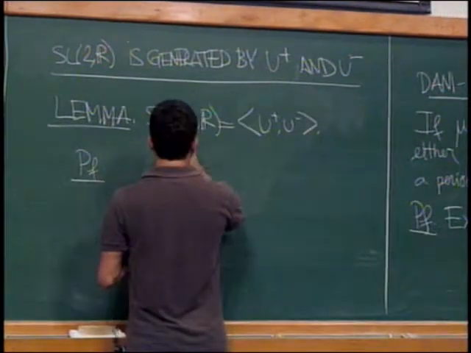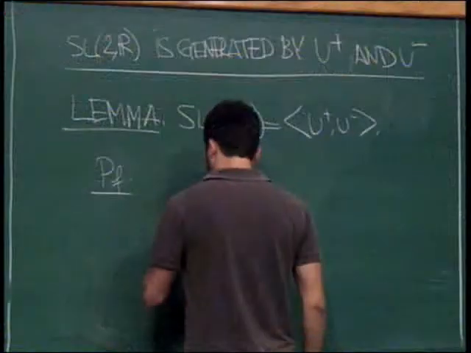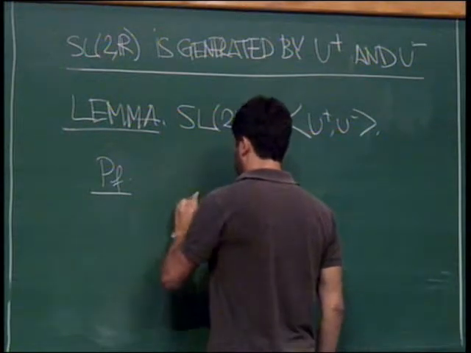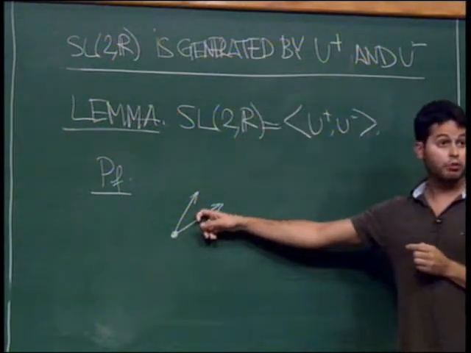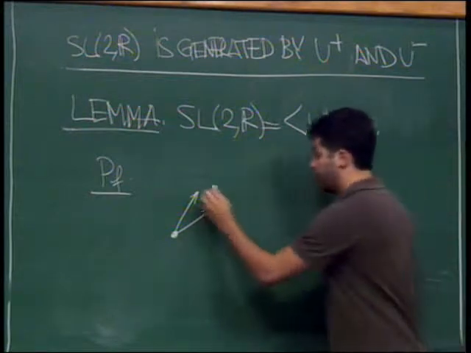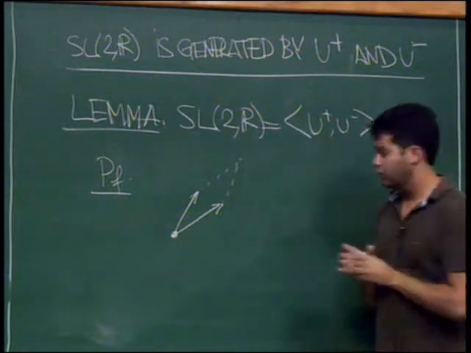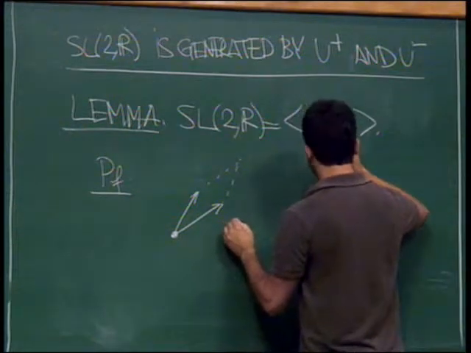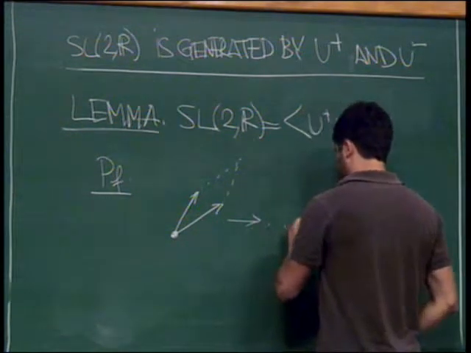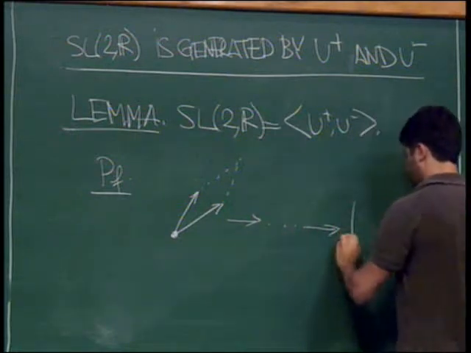So you could associate any element of SL2R with a basis on the plane which has determinant equal to 1, meaning the area of the parallelogram is equal to 1.